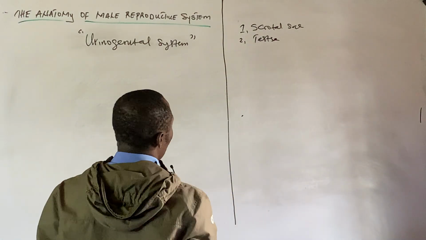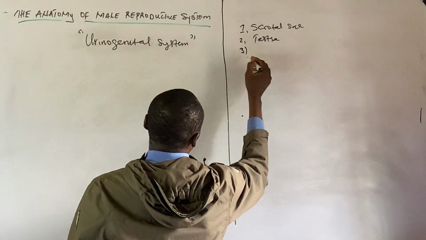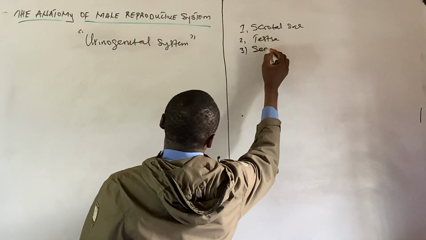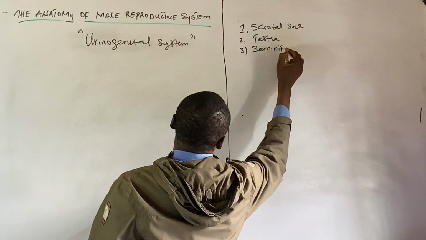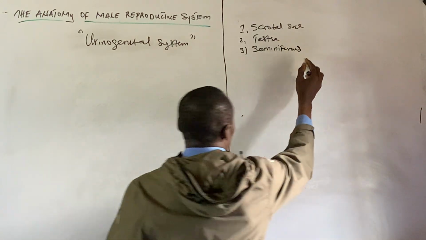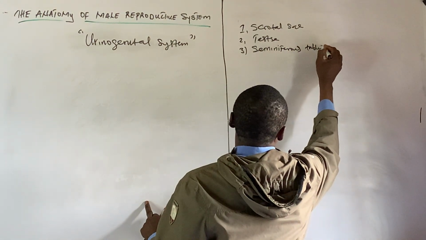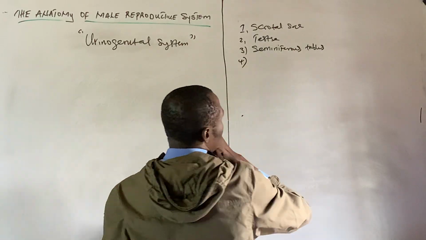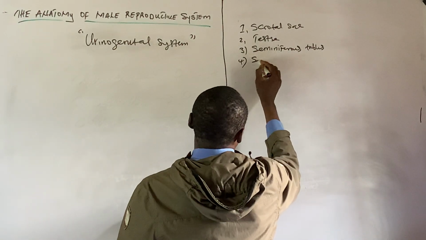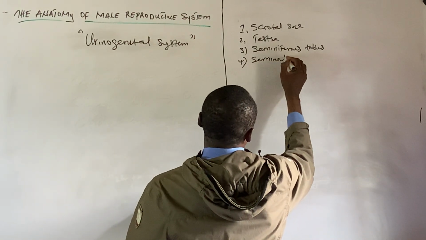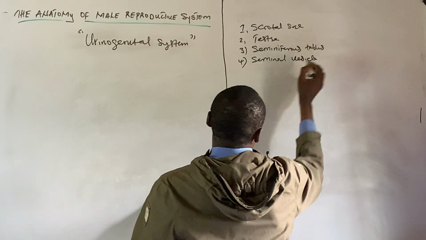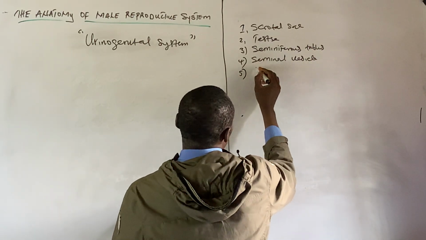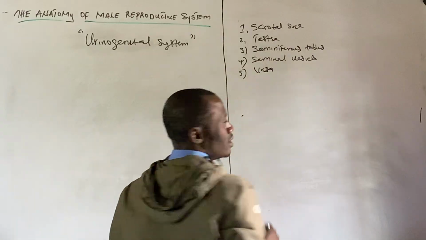The third is the seminiferous tubules. The fourth is the seminal vesicle. The fifth is the vasa efferentia.